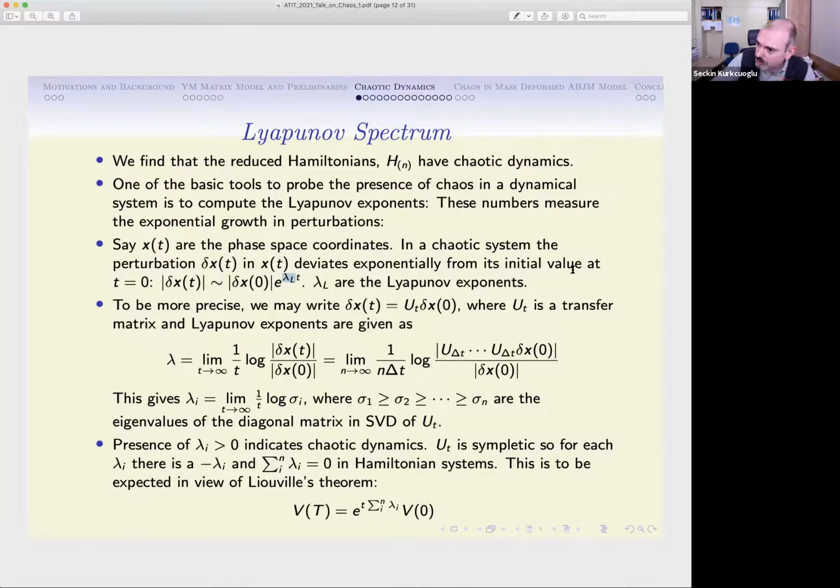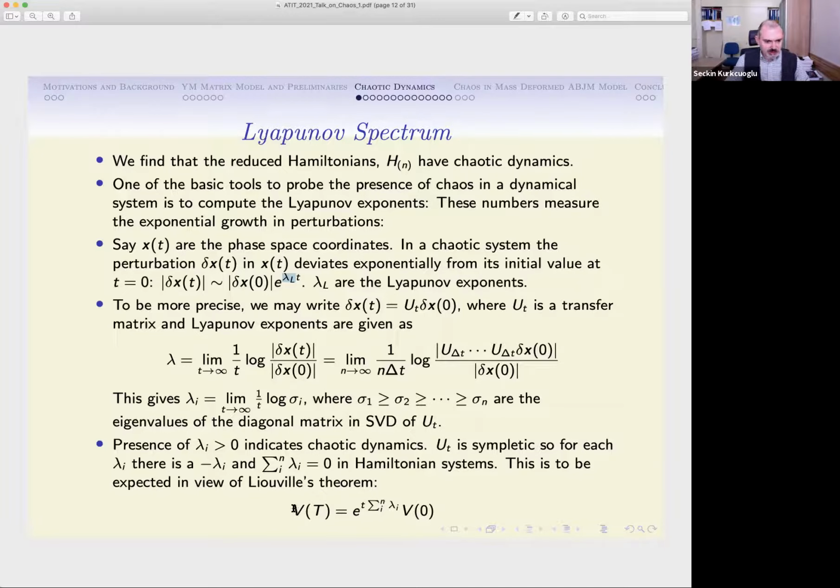So two of the Lyapunov exponents will be 0, and the remaining Lyapunov exponents will come in pairs, meaning that if there's a positive Lyapunov exponent, there will be another one which is completely the negative of that. So if you add all the Lyapunov exponents in a system, they will add up to 0.